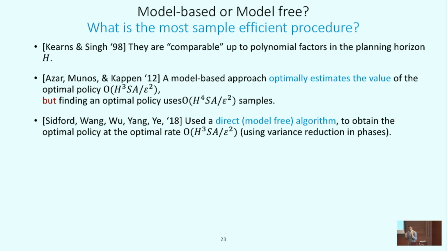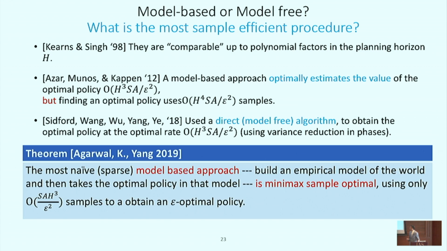It was throwing away data because the basic concern is, are you chasing your tail somehow, following the errors in your sampled model? And this left the question, at least in this generative model setting, of whether you can literally just build a model of the world and plan in it and have that be optimal, or whether something goes wrong where you actually need some kind of sample splitting to make it optimal.